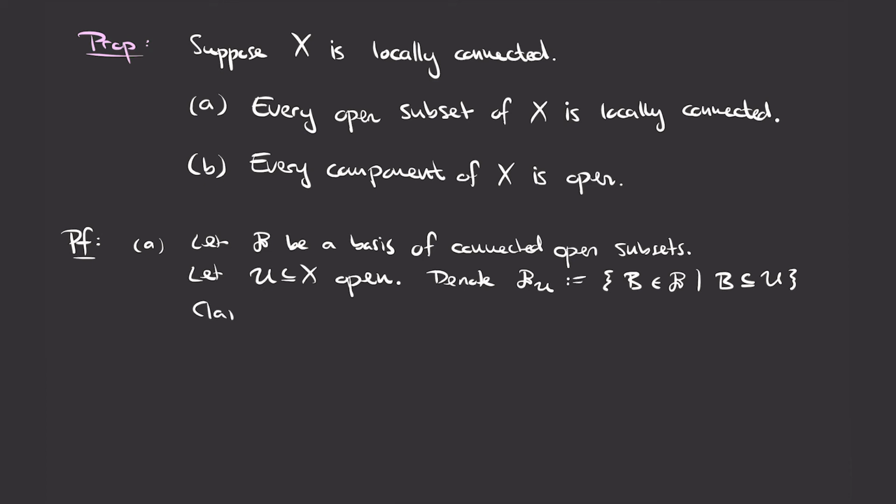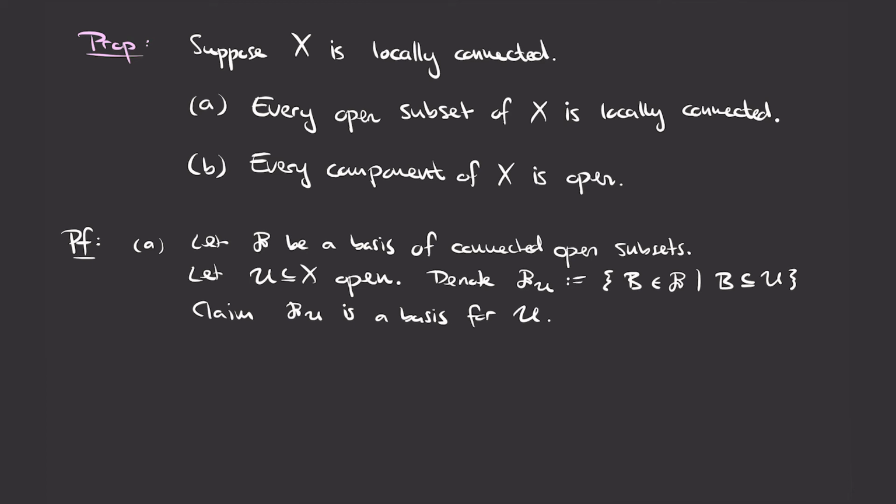So the claim is now that this B sub U is a basis for U. Because the original basis consisted of connected open subsets, this B sub U will also consist of connected open subsets.